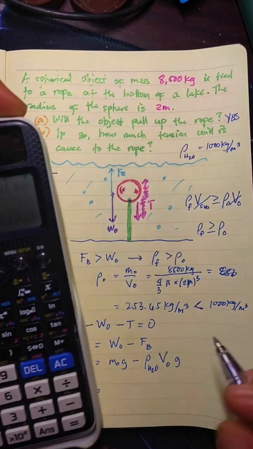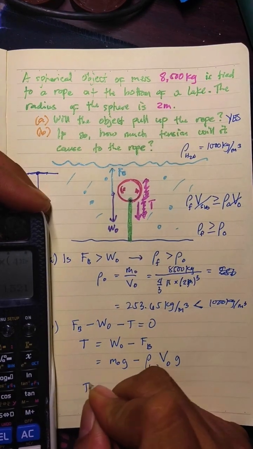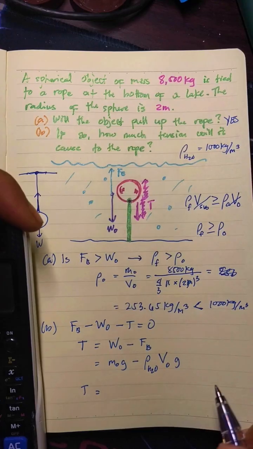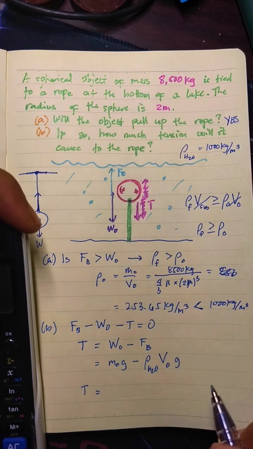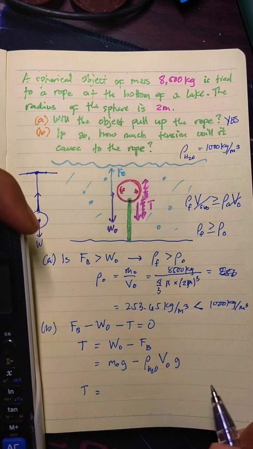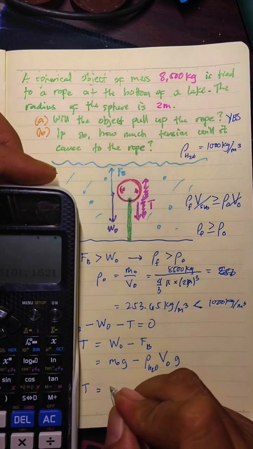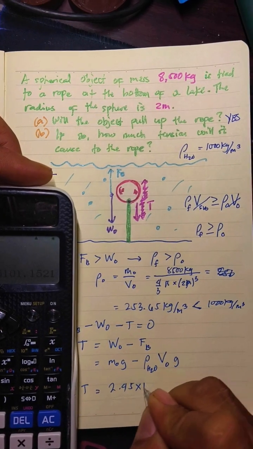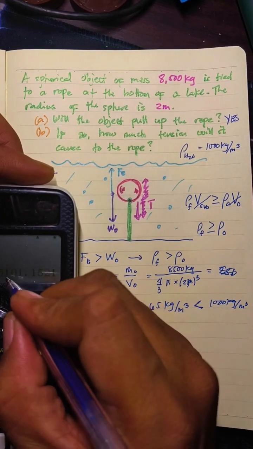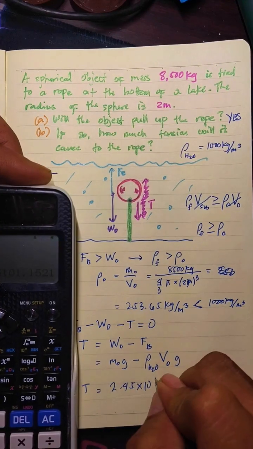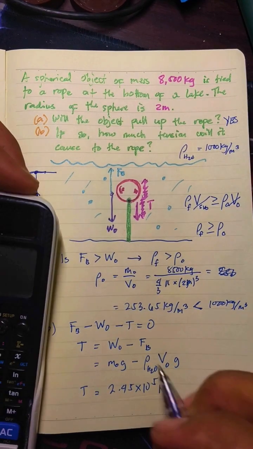This would give us the tension. Okay, their difference, it's so huge, so big, newtons. This is 2.45 times 10 to the 1, 2, 3, 4, 5 to the 5 newtons.